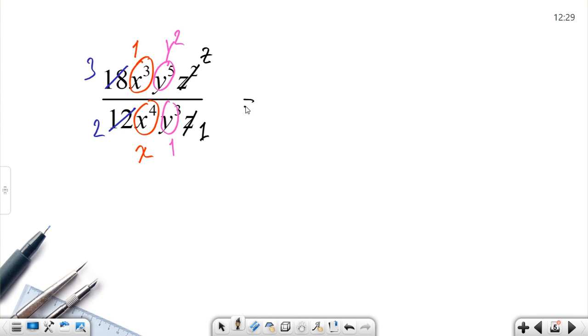So let's write everything here. 3 times 1, 3 multiplied by y squared multiplied by z over 2 times x times 1 times 1. 2 times 1 times 1 is 2, and 2x. This is the simplest form.